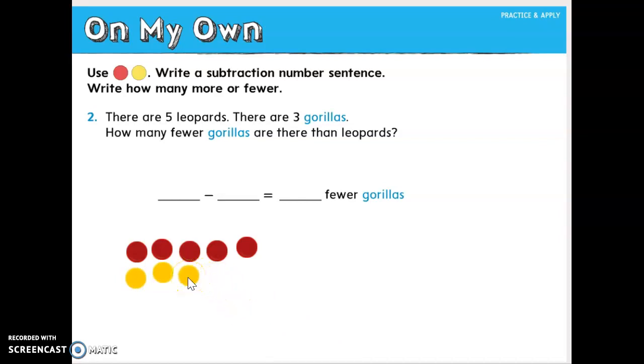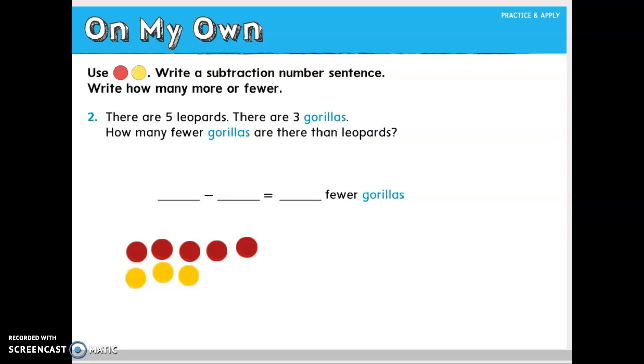And it wants us to know how many fewer gorillas are there than leopards. So the first number to make a subtraction sentence is going to be 5. And we can subtract those gorillas to tell the difference.